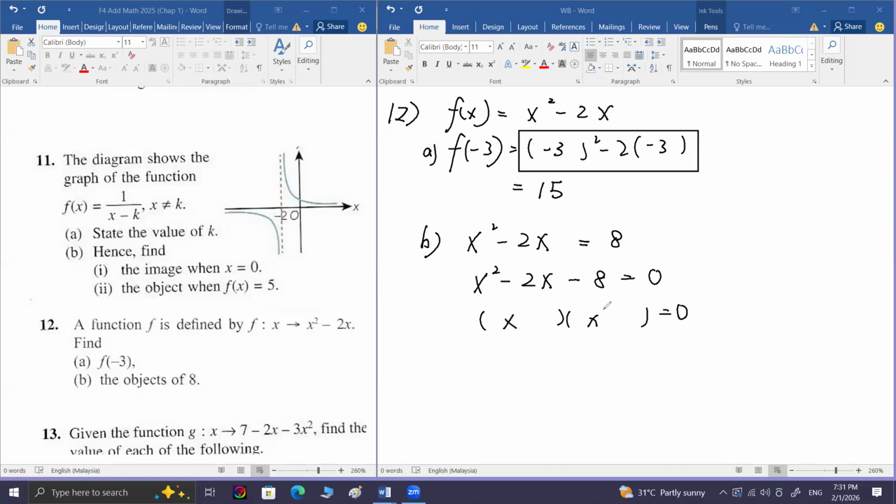Okay, remember the function? Go to the polynomial. So you apply 1 equal, -2 equal, -8 equal. Then you press equal, and from your calculator you get x is 4 and -2, right?